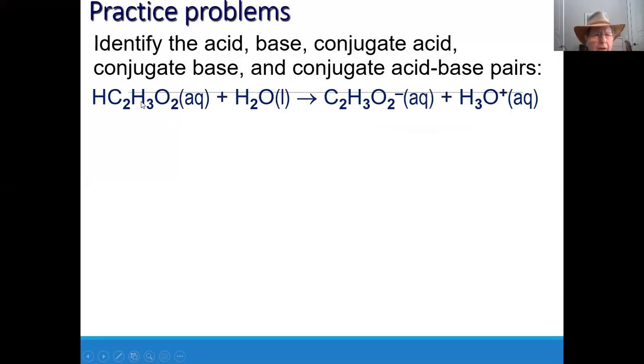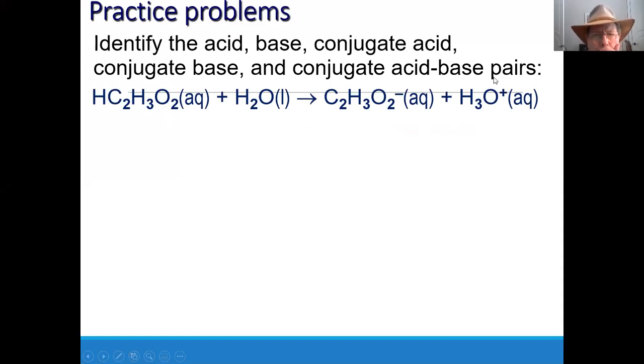So I have acetic acid plus water making an acetate minus plus H3O plus. What on the product side can accept a proton? C2H3O2 minus or H3O plus?